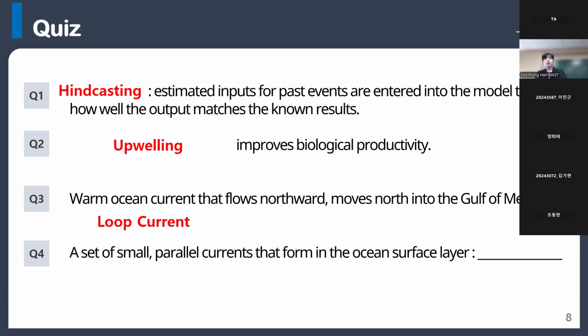And the last, a set of small parallel currents that form in the ocean surface layer is related to the parallel winds. Like Langmuir circulation.